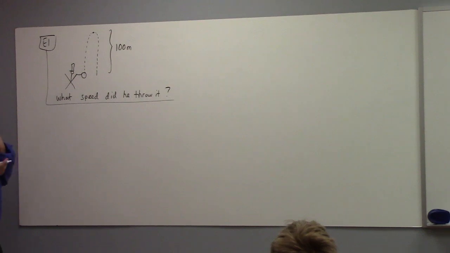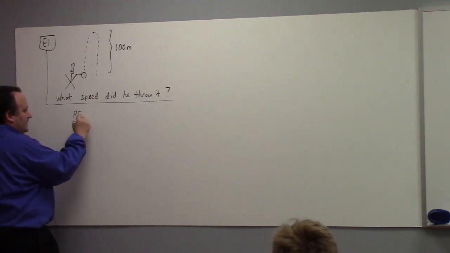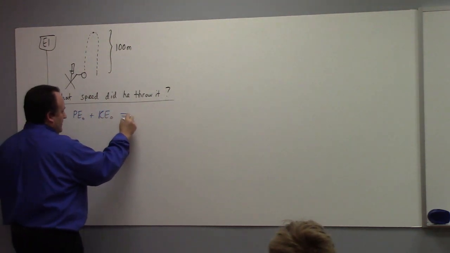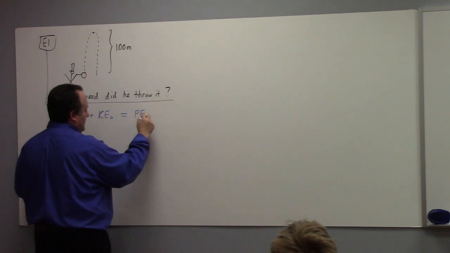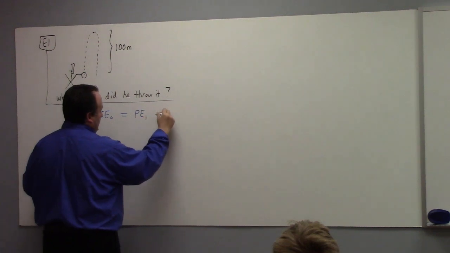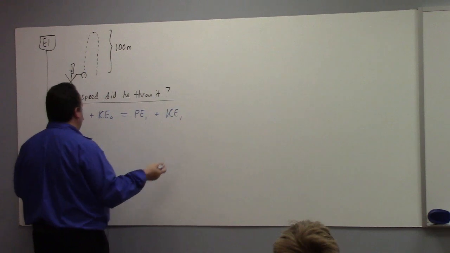That's it. So what we can say is that the potential energy at the start plus the kinetic energy at the start is equal to the potential energy at the top, right? Plus the kinetic energy at the top, right?